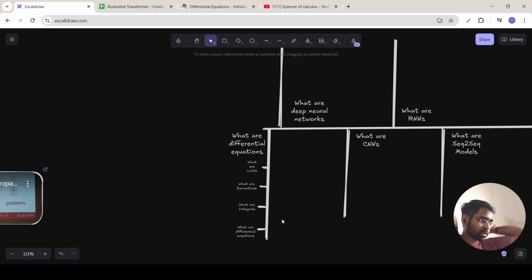So, first of all, we need to go through the limits, what are derivatives, what are integrals, and then finally we'll come across this topic of differential equations.